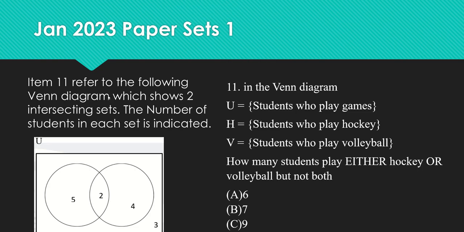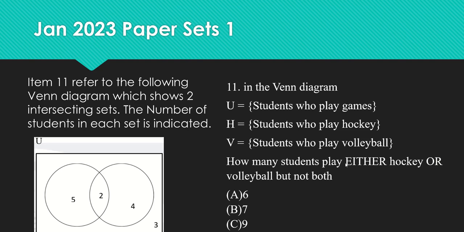Item 11 refers to the following Venn diagram, which shows two intersecting sets. The number of students in each set is indicated. The universal set is the students who play games. H represents the students who play hockey. V represents the students who play volleyball. How many students play either volleyball or hockey?